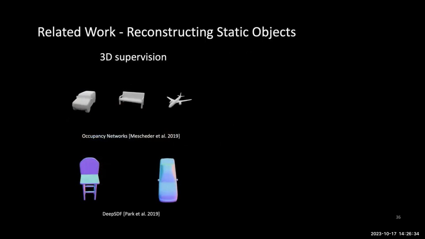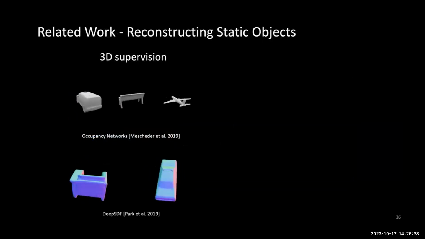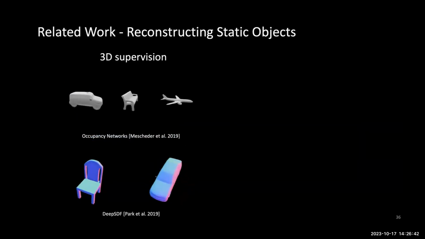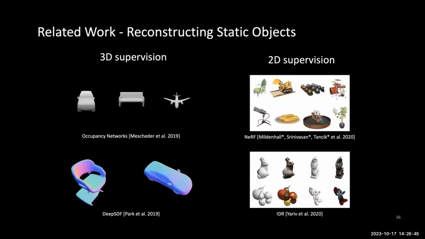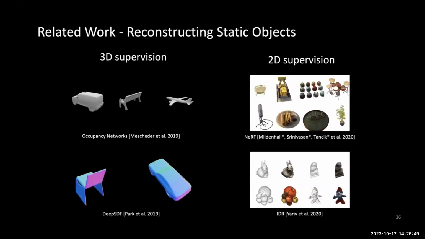You probably are familiar with many great works in this field for reconstructing static objects, from earlier work that used 3D supervision to more recent work like NeRFs using 2D supervision only. But in this project, we are more interested in reconstructing articulated objects.